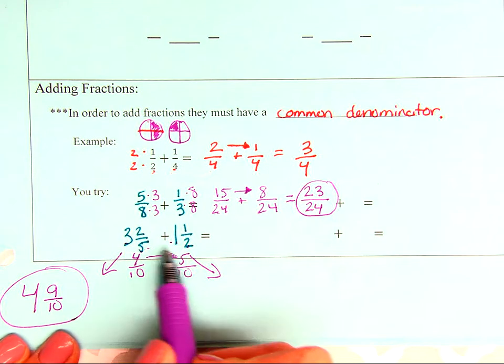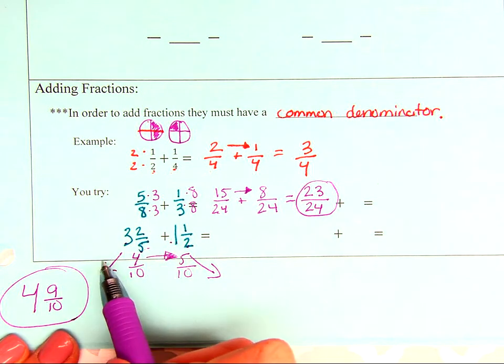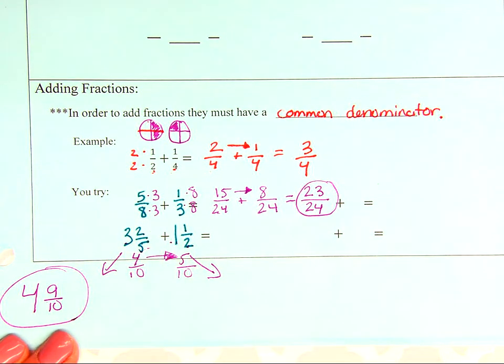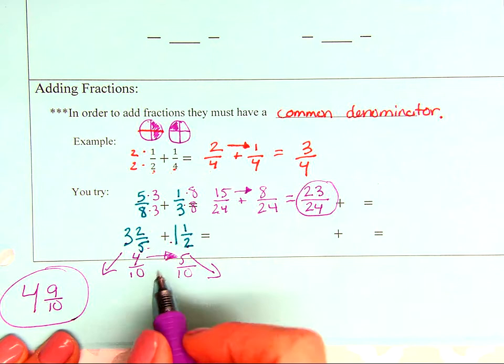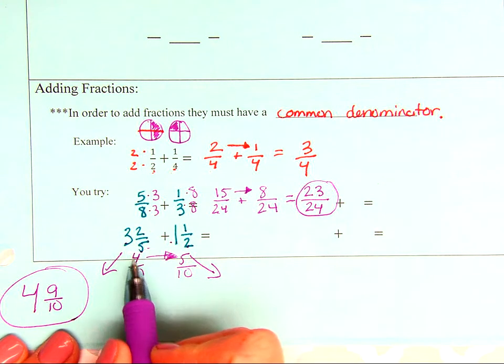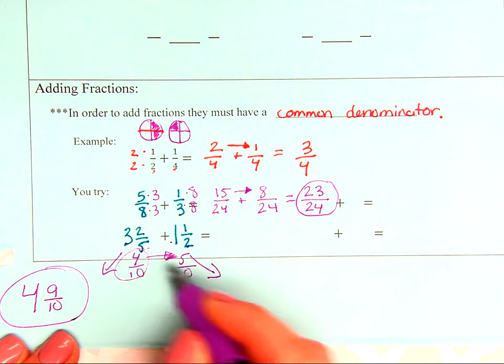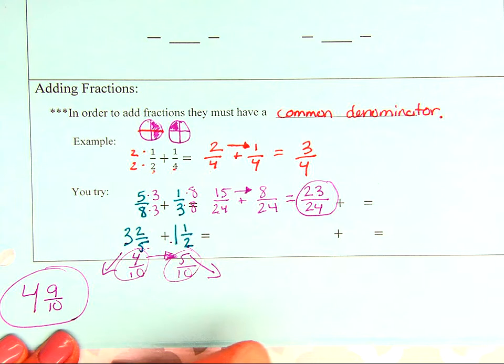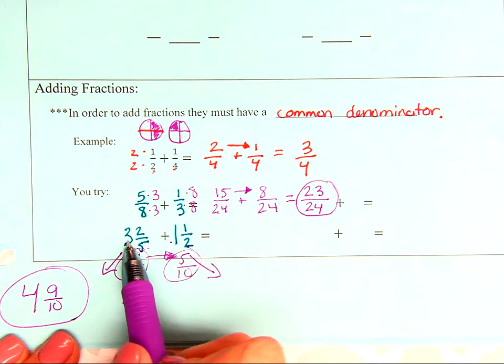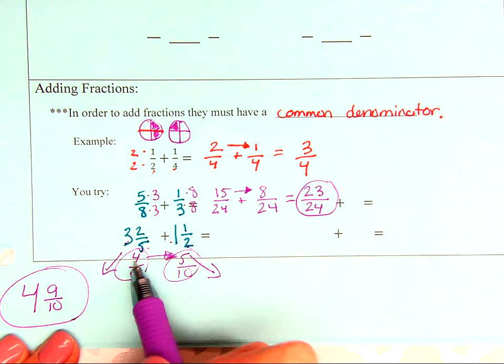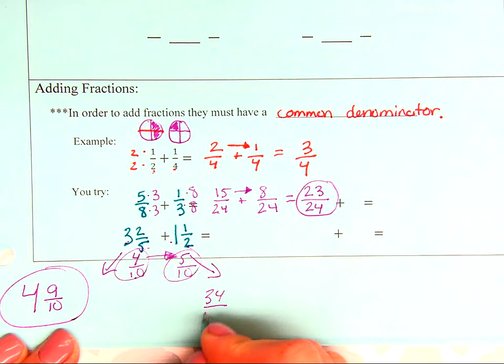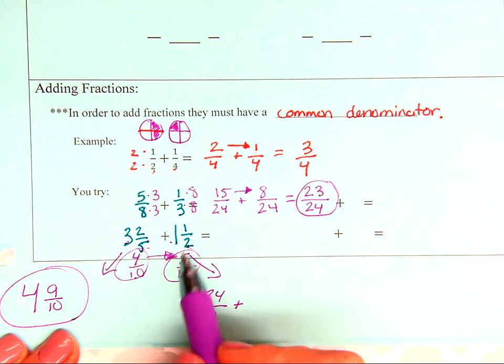The other way is you could change both of these into improper fractions, add, and then back into a mixed number. So you still need a common denominator, so I'm going to just use these because I've already changed it into a common denominator. So 3 times 10 is 30 plus 4. That gives me 34/10. 1 times 10 is 10 plus 5.